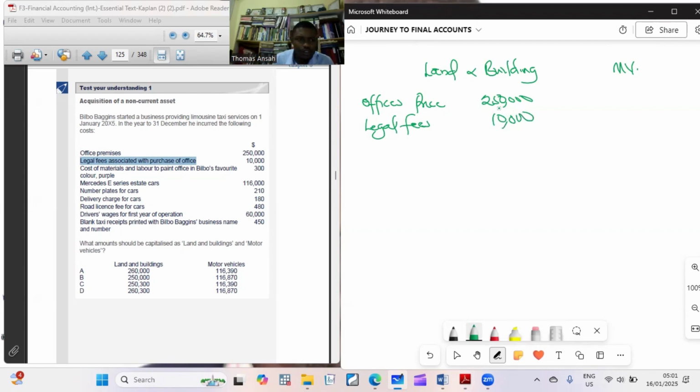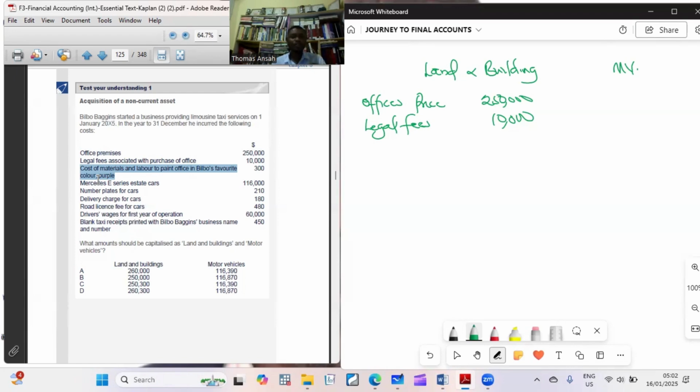So 10,000. But let's look at the cost of material and labor to paint the office in Bibo's favorite color. That one will be a revenue expenditure, not a capital expenditure. Why? Because this is a building you have purchased, so the building is already in existence. Probably you are repainting because you want to change the building to your favorite color, and your favorite color can change anytime and you can be repainting.